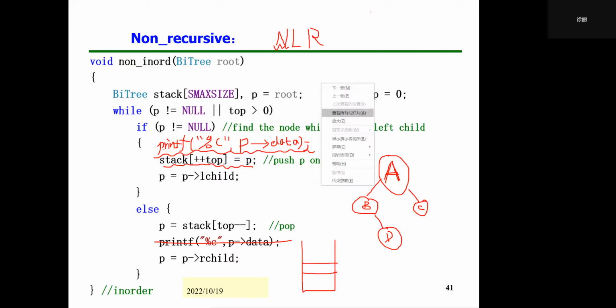For the post-order, the first step we will visit all the nodes in the left subtree, and then the right subtree of this binary tree. And then the last will be the root. So that's LRN.